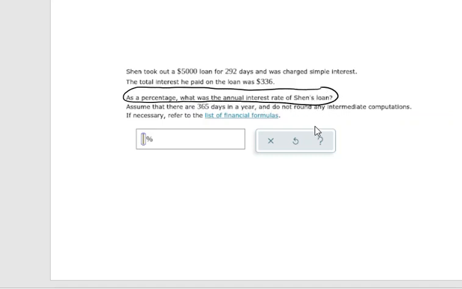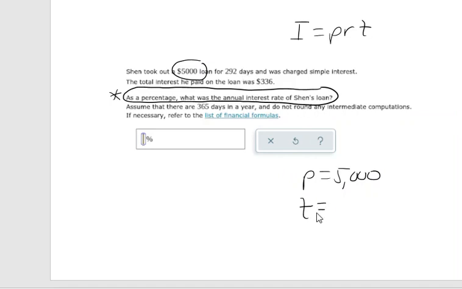Okay, so for this one, we don't know the rate. So let's take our formula. Let's figure out the things that we do know, plug them into the formula so that we can then solve for the rate. Okay, so Shen took out a $5,000 loan. That's our P. For 292 days. Now remember, when you're doing the time, it's time in years.